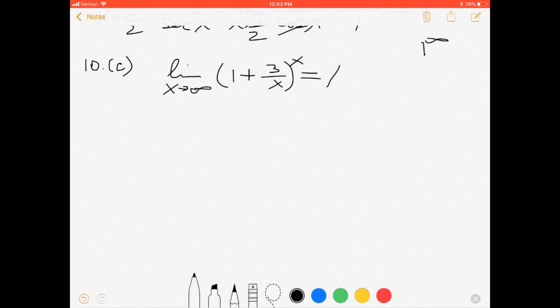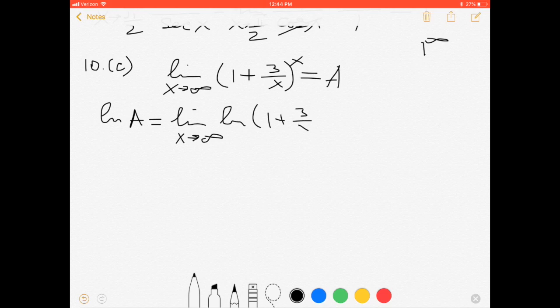Okay, let's go. This is equal to a. We can take the natural logarithm of both sides of the equation. And because the logarithmic function is continuous, we can switch order. This means the natural logarithm of the limit will be the limit of the natural logarithm. The limit as x approaches infinity of the natural logarithm of 1 plus 3 over x, to the power x.